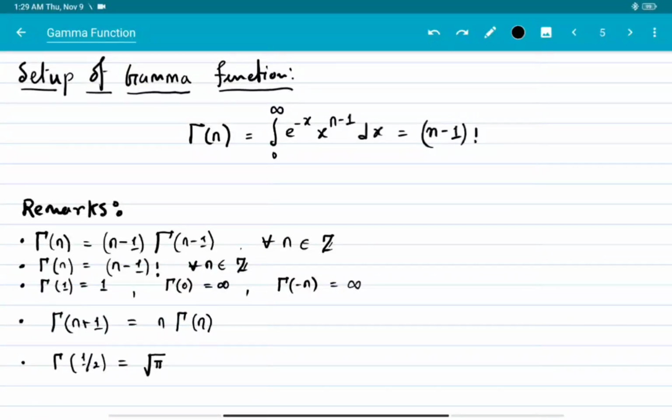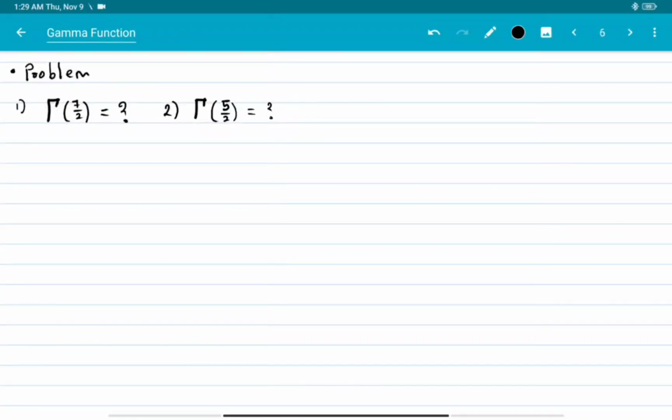Also gamma n plus 1 equals n gamma n, a typical result we'll use in problem solving. Gamma of half equals root pi. There are several ways to prove that, so we'll see that. Let us solve a problem.